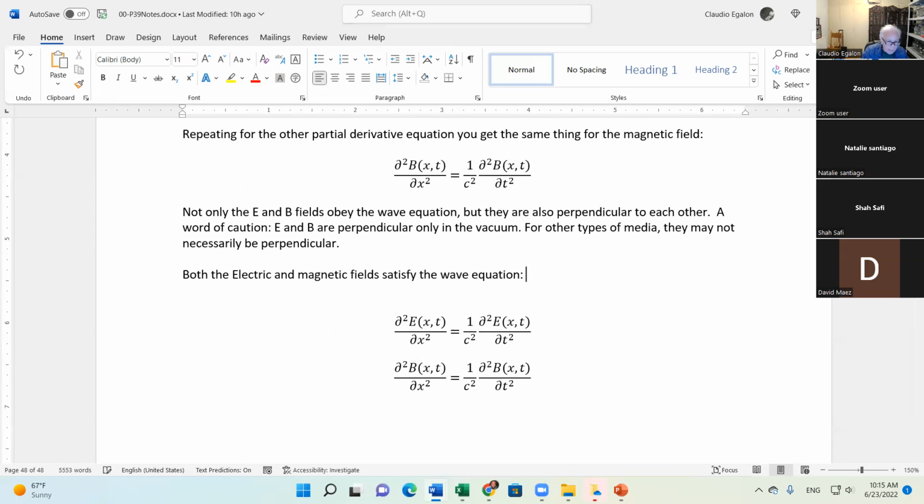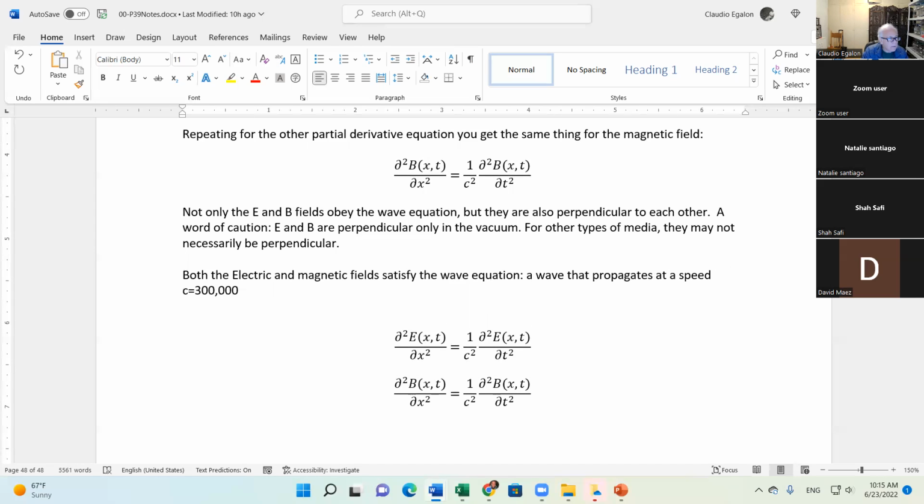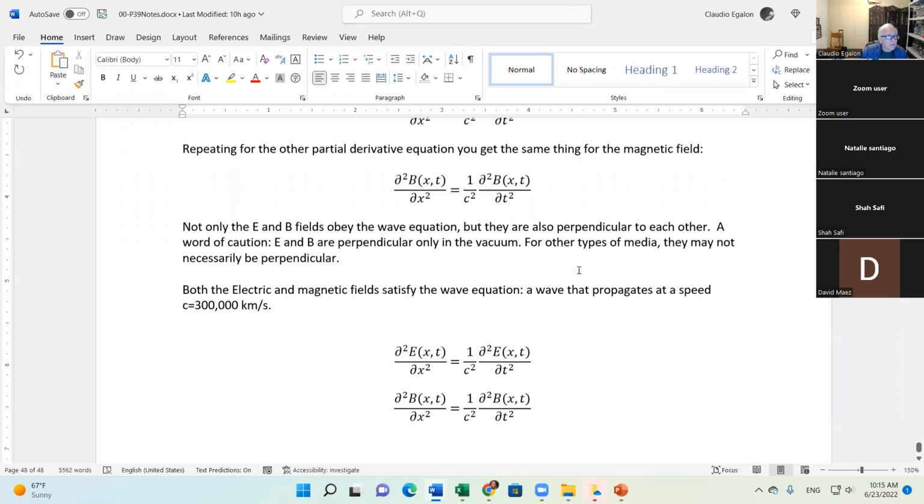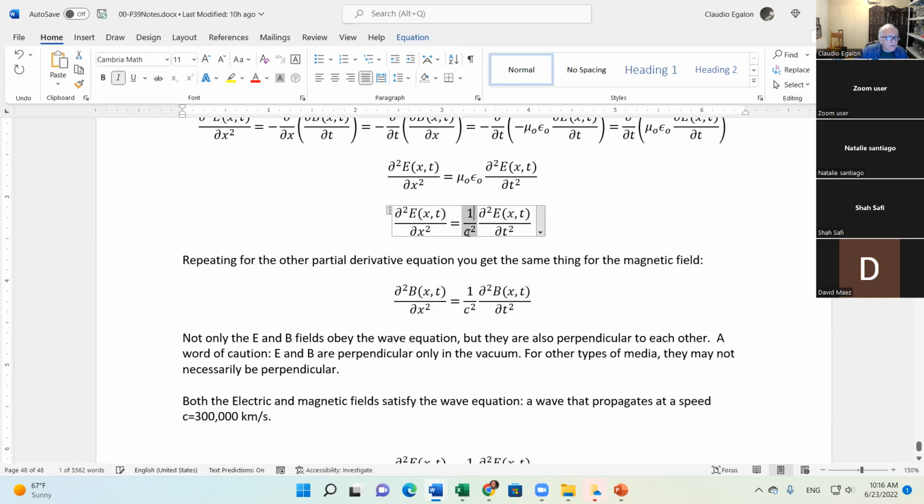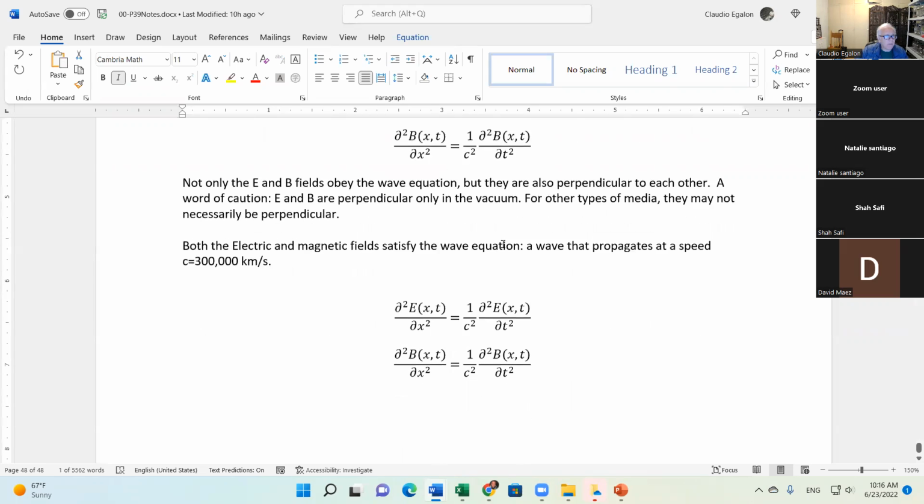A wave, and by the way, a wave that propagates at a speed c equal to 300,000 kilometers per second, which is the inverse of the square root of epsilon naught mu naught. Don't forget, right? This guy here is equal to this guy here. And when you do the math for the inverse of the square root of mu naught epsilon naught, you get 300,000 kilometers per second. Just get that from any book, do the math yourself. You're going to find that out.